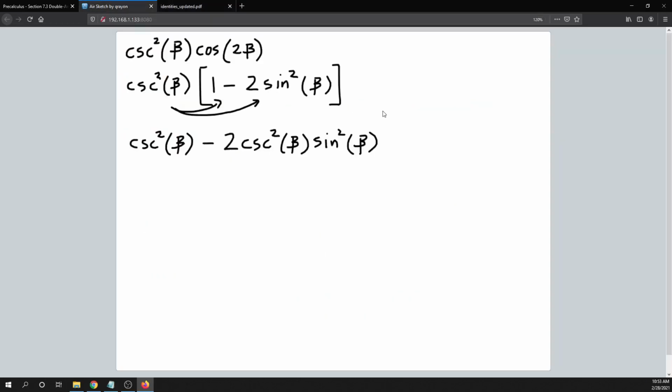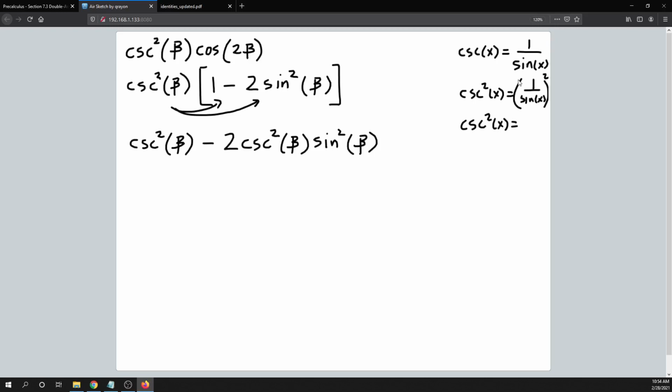So off to the side, I know that this is an identity, and therefore, if I square both sides, that will also be an identity.